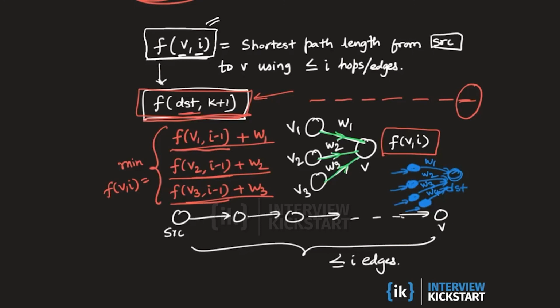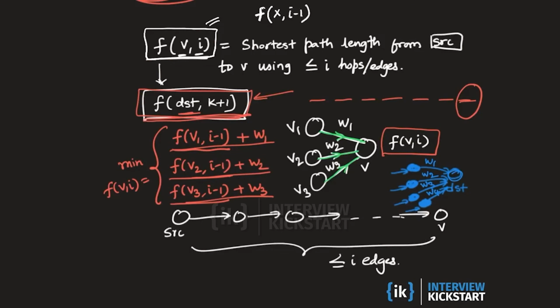Well, the worker will check who are the predecessors of v in the given directed graph. Suppose x is a predecessor. In that case, the worker will call someone under them to calculate the value of f of x comma i minus 1.